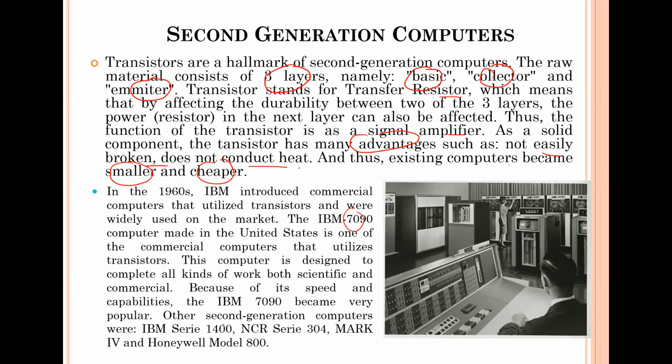Also, we've got the IBM series 1400 and NCR series 304, Mark IV, Honeywell model 800. There is such a lot of variation for the second generation of the computer.